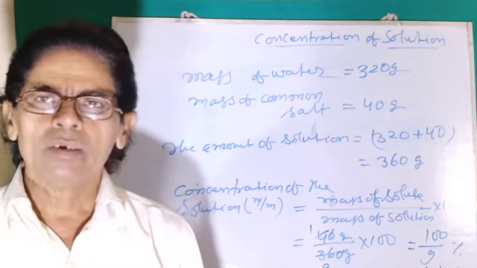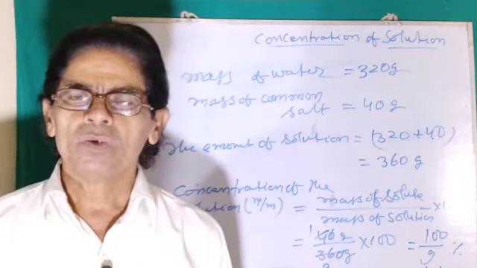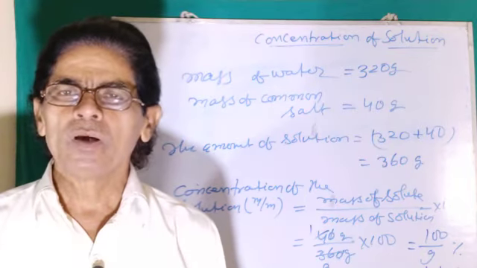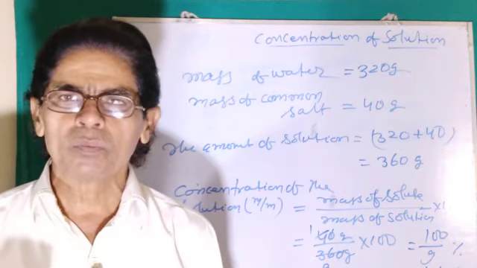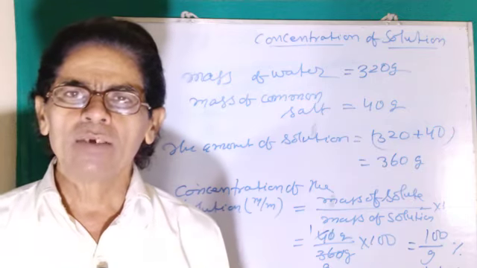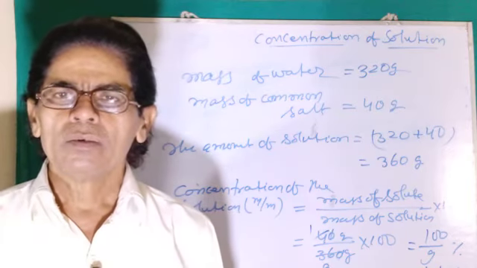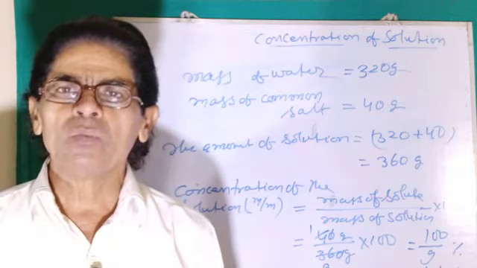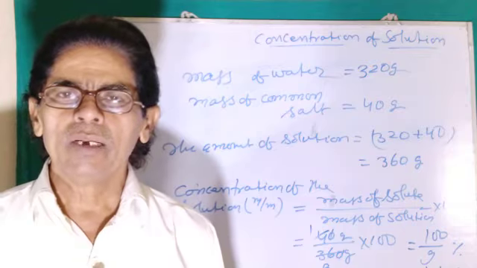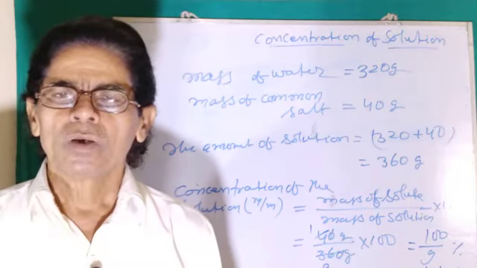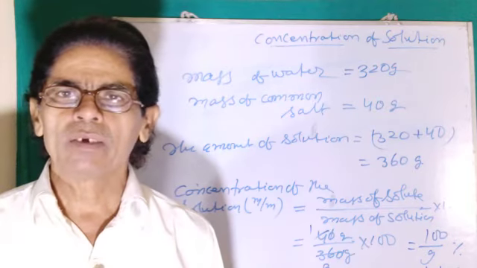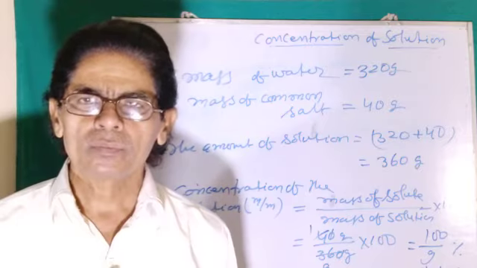So what is the order of size of the particles in the suspension? It is of the order of 10 to the power minus 4 centimeter or more than this. So if the size of the particles are of this order or more, then such solute particles constitute the suspension when they are scattered in the given solvent.